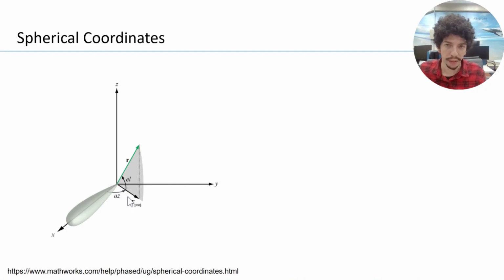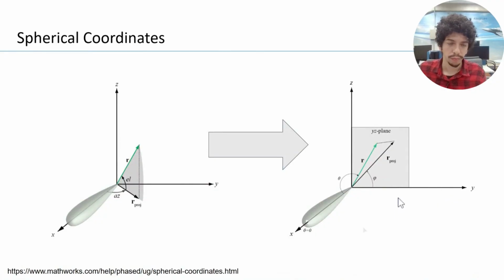Elevation is in this plane. Okay, and this vector is the image of the principal vector.